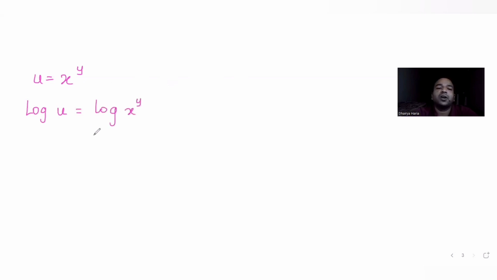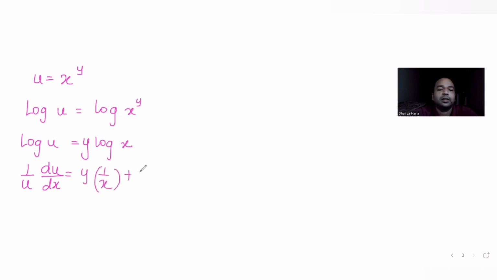Using the idea of logarithms, I can take y ahead, so it becomes y log x. Now if I differentiate with respect to x, I get the derivative of log u as 1 by u du by dx. It is equal to y log x, whose derivative is y into 1 by x plus log x into the derivative of y, that is dy by dx.